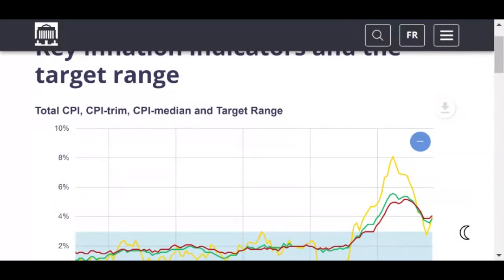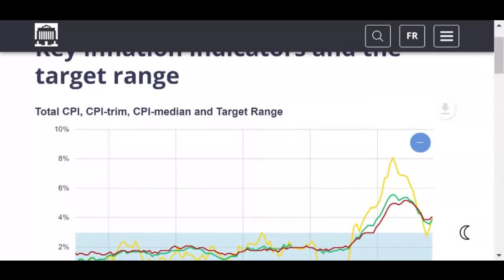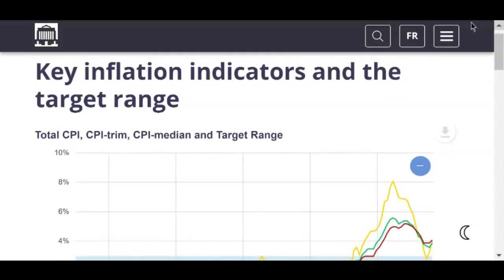I hope you are seeing this website. So this is the key target. These are key inflation indicators and the target range.